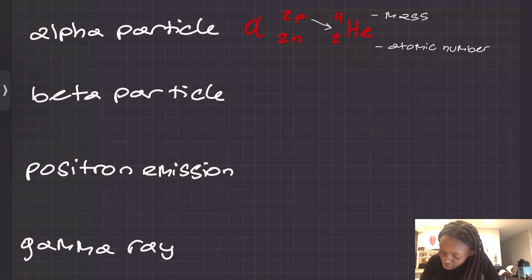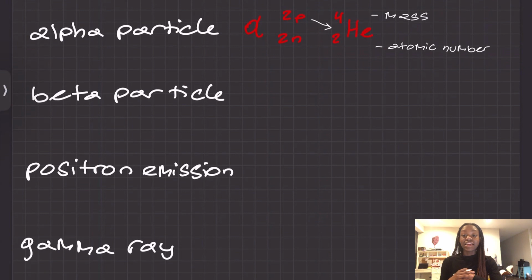On the periodic table, helium is the element with the atomic number of 2, so that's why we write it as a helium atom. However, this specific isotope is an alpha particle. So it's got 2 protons and 2 neutrons, and we write it as helium with a mass number of 4 and an atomic number of 2.